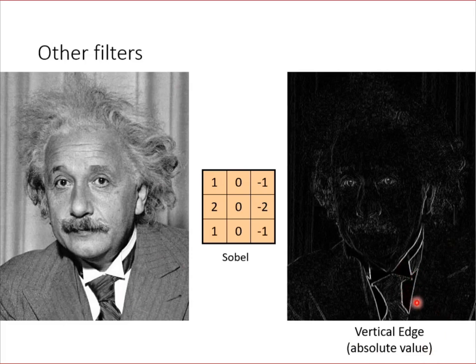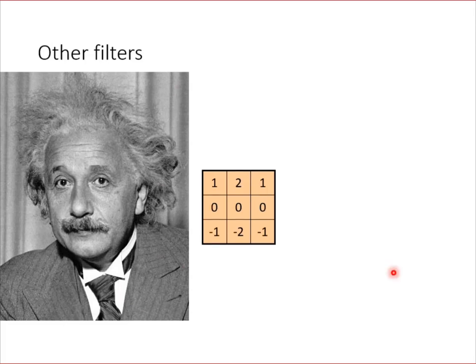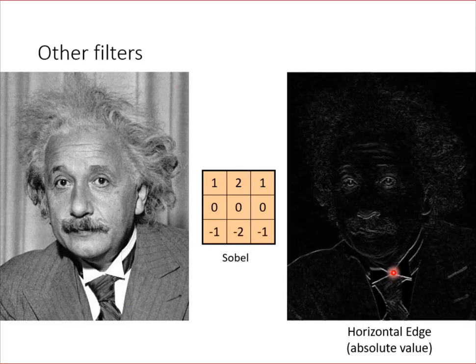Either large positive or large negative, we will see the brightness here. So with this filter, what can you detect? We can detect the vertical edges. And how about this one? Horizontal edges. Very good. So the result is horizontal edges.